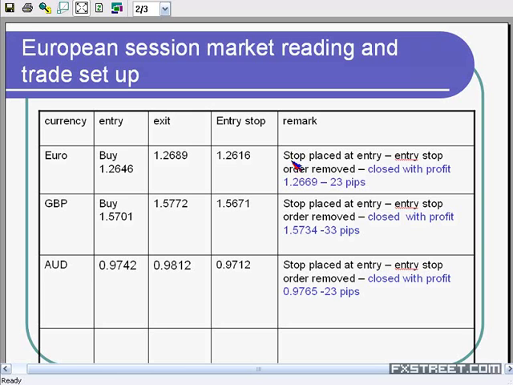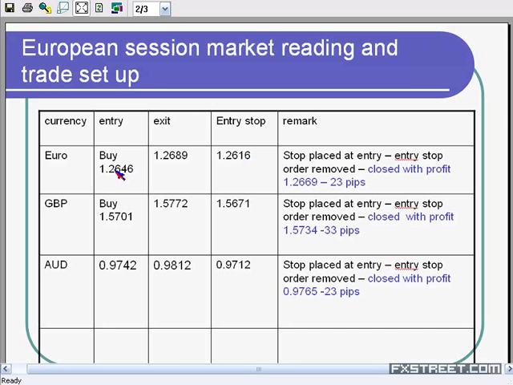So I do not want to take risk. I want to be aware of all those things, what are going to be unscheduled releases of data or events or news. So in such a scenario, I keep a 30 pips hedging order. At any given time, I try to take only 30 pips risk in the market.